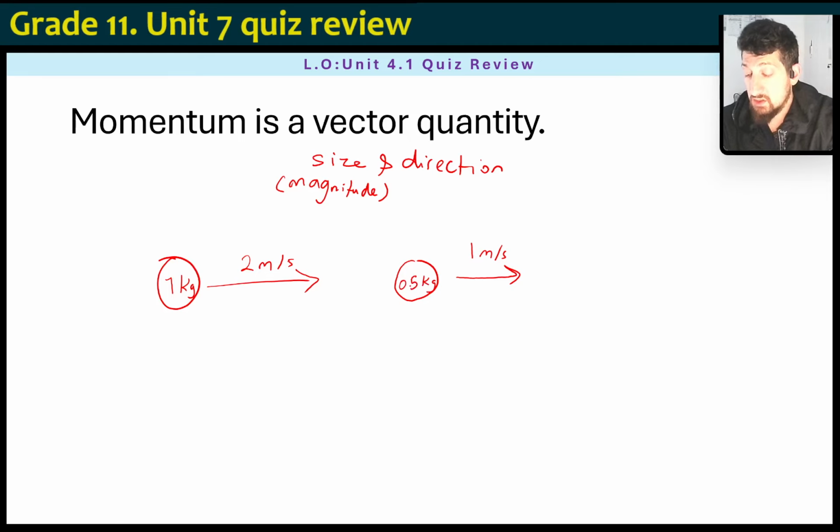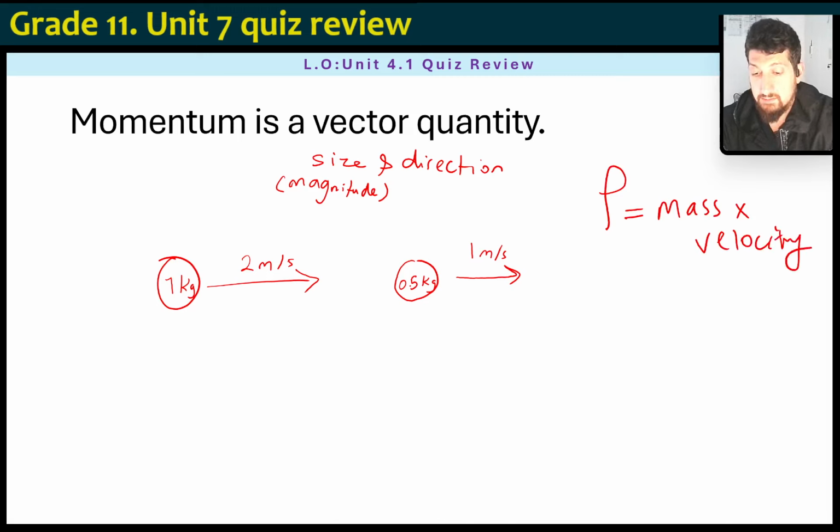What this means is once we work out the momentums, which is mass times velocity, so momentum is equal to mass multiplied by velocity, we can actually add those two vector components together.